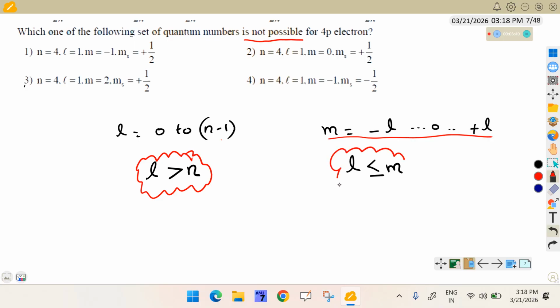The value of M is less than or equal to L. Based on this, the third option is the wrong option. Possible M values are from minus L to plus L including 0. That means minus 1, plus 1, 0 is possible.